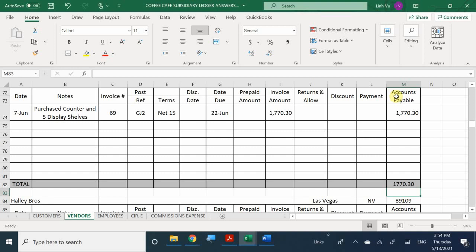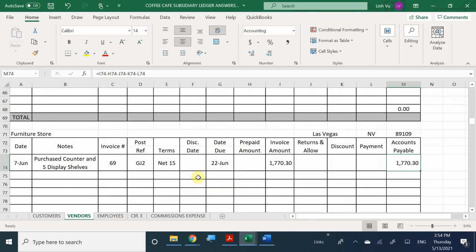As soon as I collect more bills and enter them in here, it's going to give me a grand total at the very bottom. But for now, I only owe for that one bill for the $17,730. And there we have it.